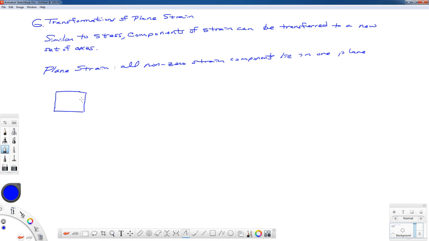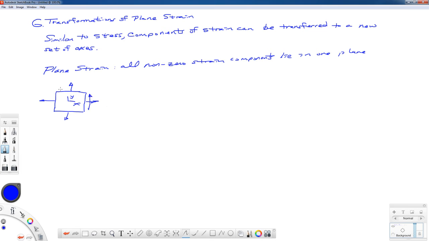But we'll stick with the notation that our book does, and let's say we're looking at a coordinate system with X and Y. Now what I'm going to draw on this little block, I've drawn similar blocks like this for stress states. I'm going to draw a block like this for a strain state as well. Not very many books draw this way, but stress is something called a tensor.